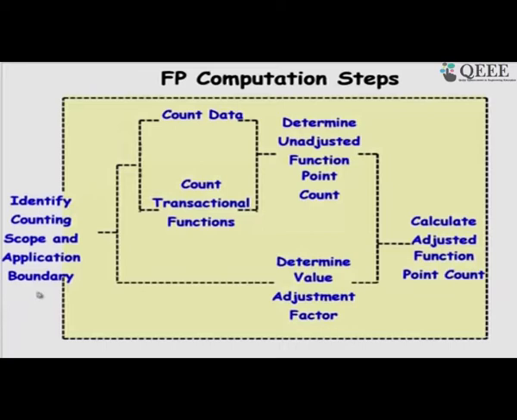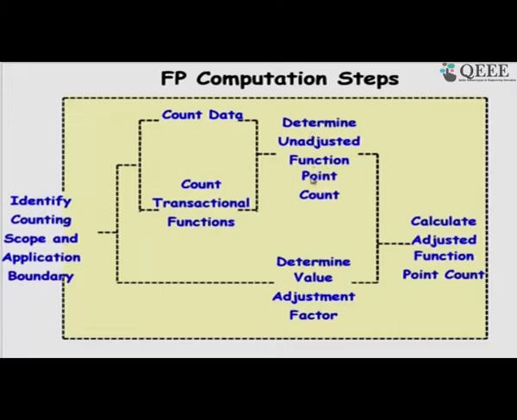So, this just shows that given the SRS document which identifies the scope and application boundary, we can look at the SRS document and compute how many data input and output and transactional functions there are, and then based on that we will obtain the unadjusted function point, UFP.